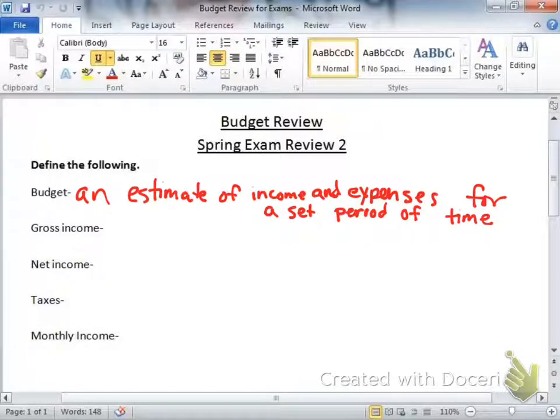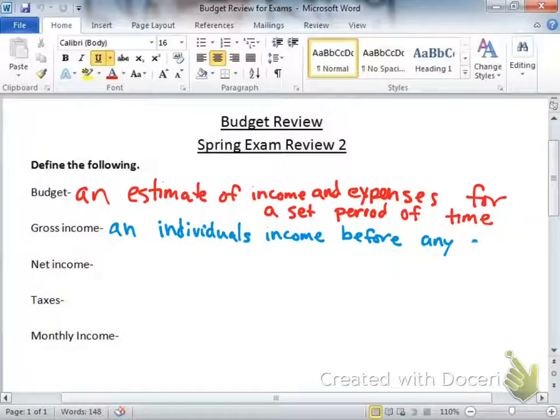Next we have gross income. So the gross income is an individual's income before any deductions are made.